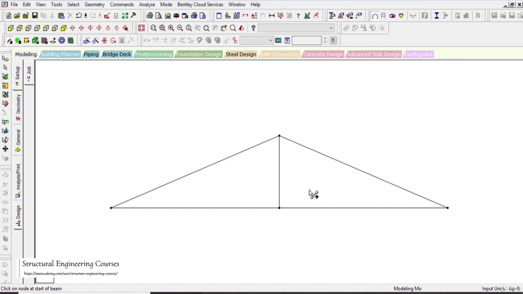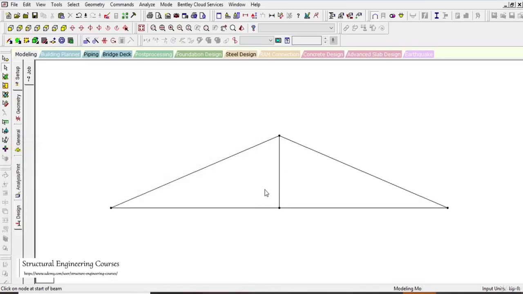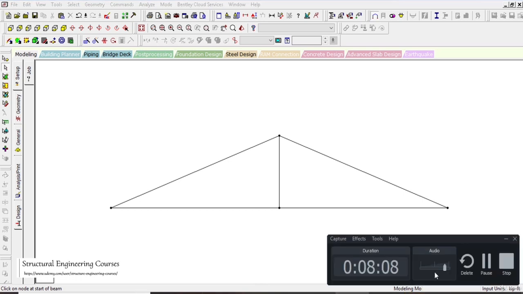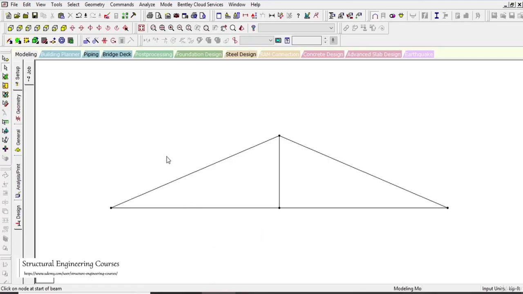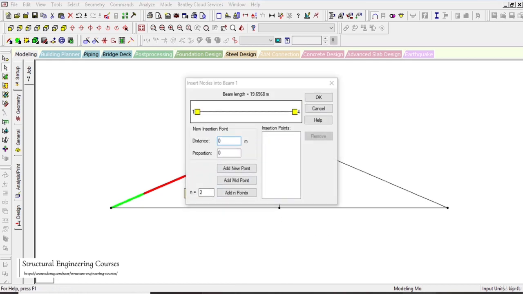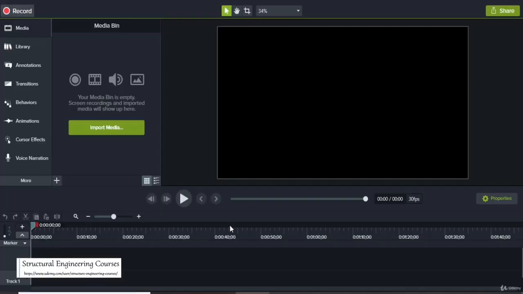After that, we do need to model the secondary members also. After that, we can see that there are basically 3 parts here. So what we can do in our truss is just left click here and left click on insert node, and we want 1 and 2 nodes in this particular truss structure.